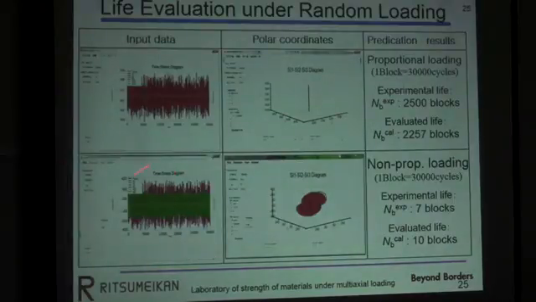This time, this is very complicated loading. I also evaluated the failure life, comparing the experimental and calculated values. This is the number of blocks of the random loading. This is very close. And for this small number of blocks, the experimental number is 7 and we calculated 10. I guess this is not so big a difference.